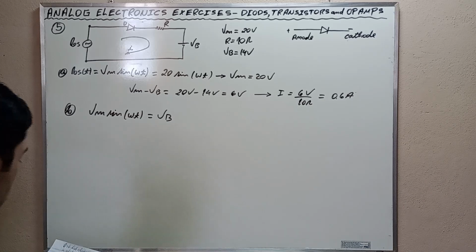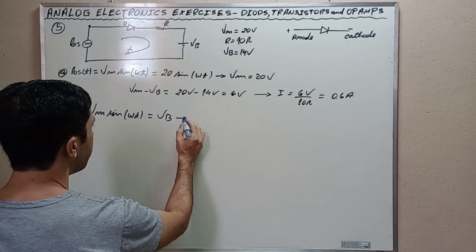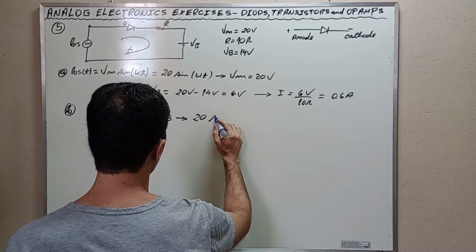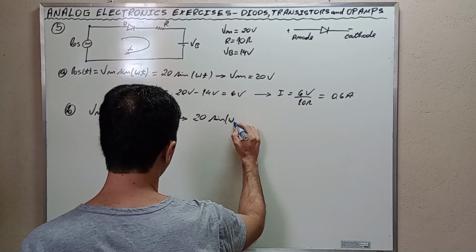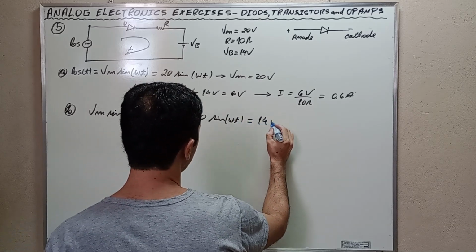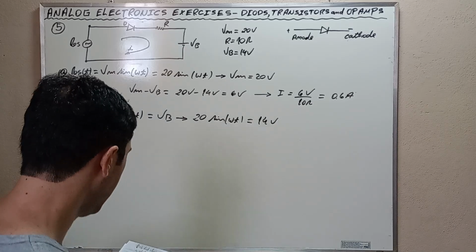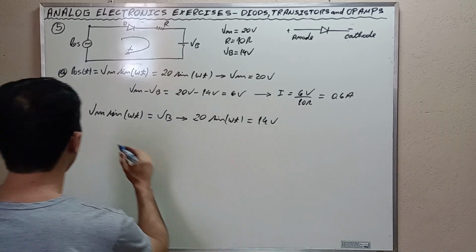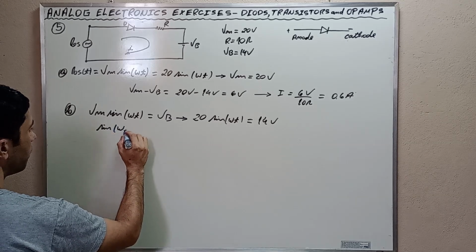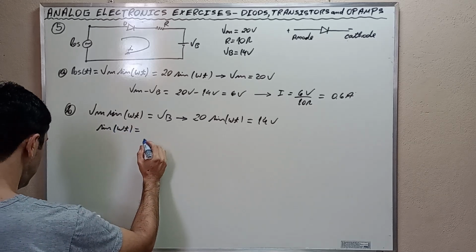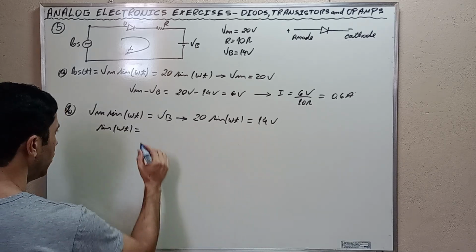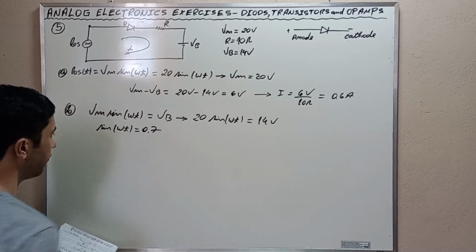Thus 20 sine Wt has to be equal to 14 volts, okay? And then the sine of Wt is equal to 14 divided by 20, which is 0.7.